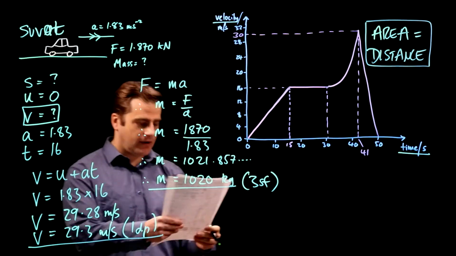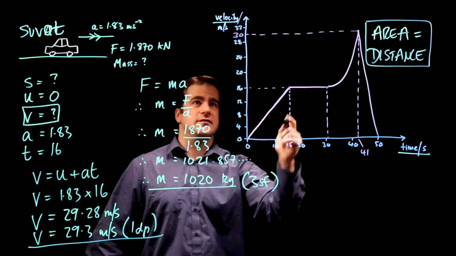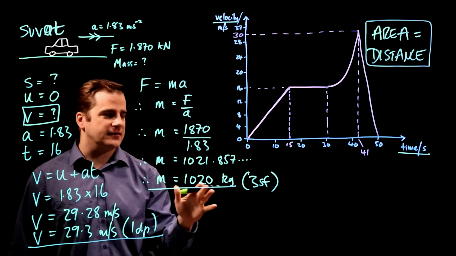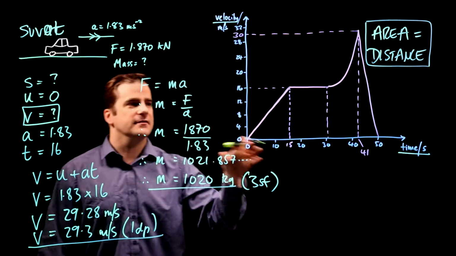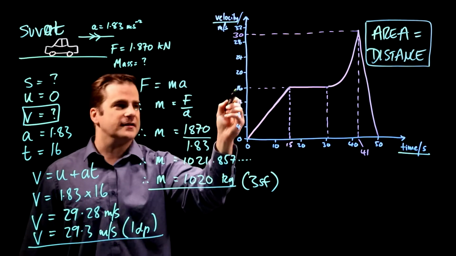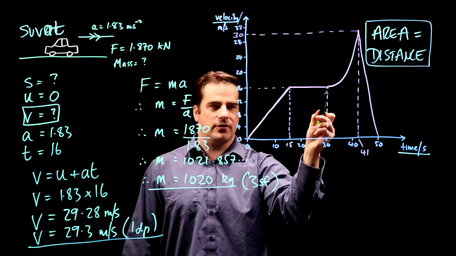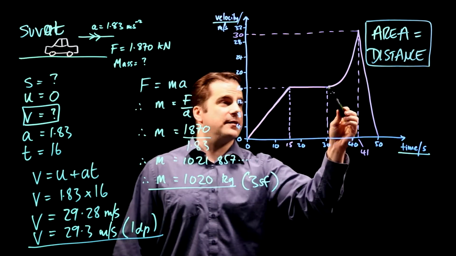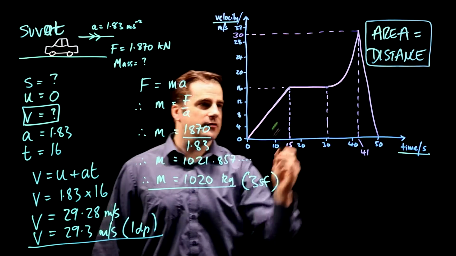So, distance travelled when the car is moving at a constant speed. Which bit is constant speed? Well, there's the velocity. Velocity and speed are different. I know velocity has direction as well as magnitude, but it's constant velocity, 16, it's this bit. From there to there is the constant velocity bit. This bit is accelerating, this bit is accelerating at an increasing rate, this bit is decelerating, that's the constant bit.